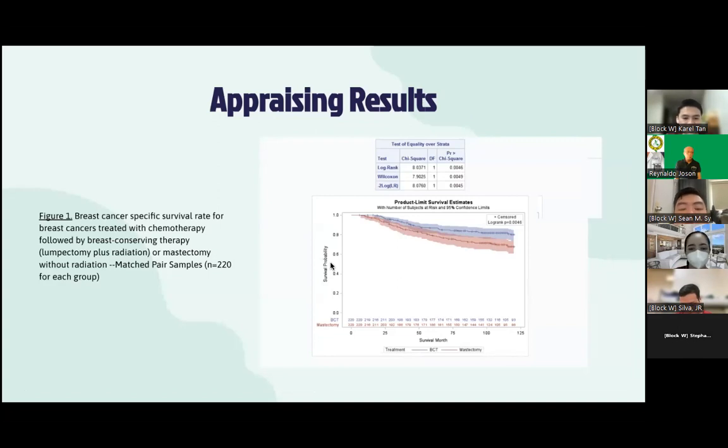So looking at this chart, we are able to note that the treatment group with breast conservation therapy had a significantly better survival curve and a higher survival probability over time compared to patients who received mastectomy only. Next slide, please.